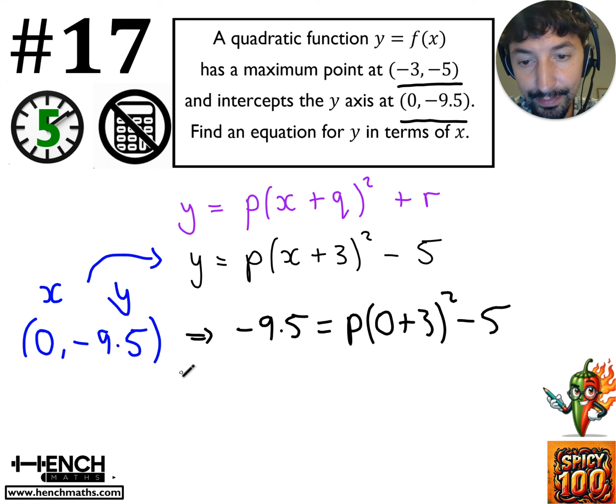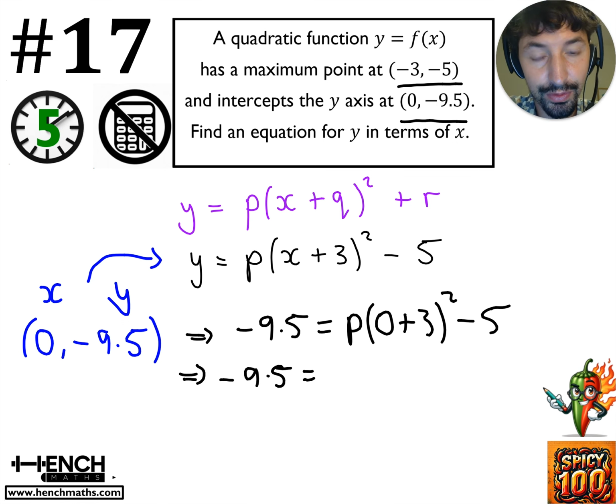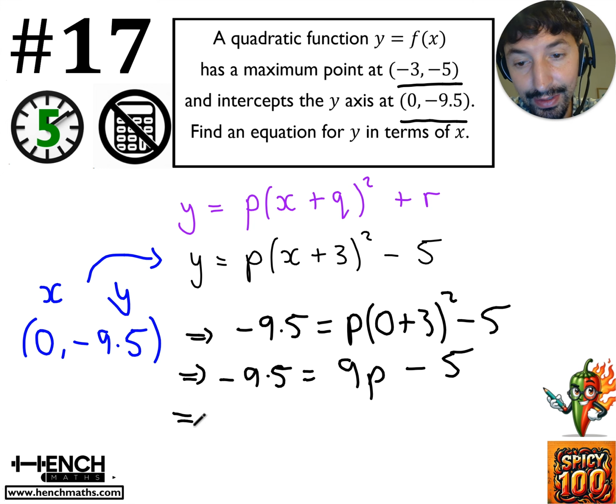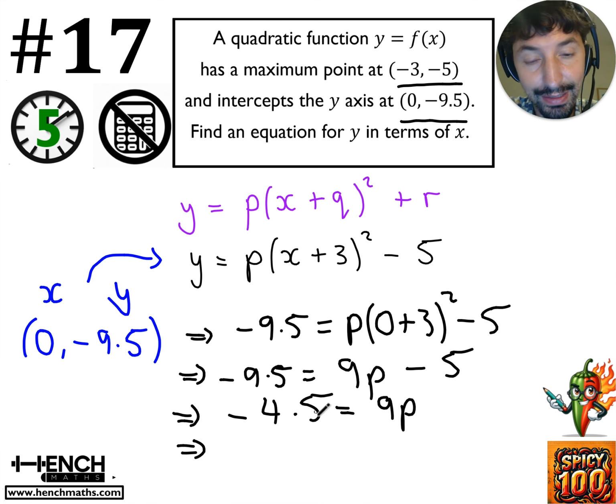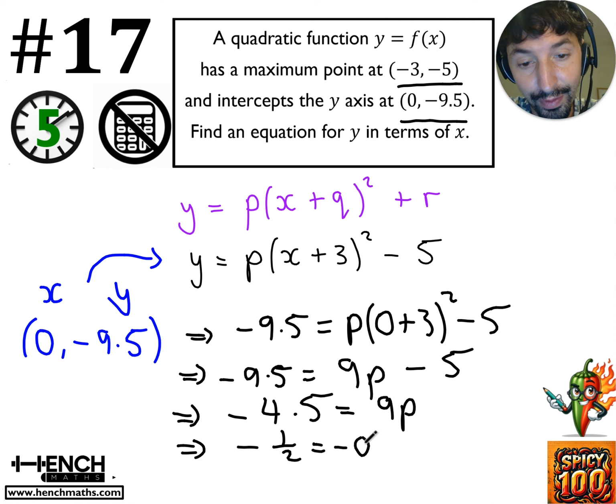So -9.5 is equal to 9p, subtract 5. Adding 5 to both sides, -9.5 plus 5 would be -4.5, equal to 9p. So p is going to be -4.5 divided by 9, which is -1/2 or -0.5.